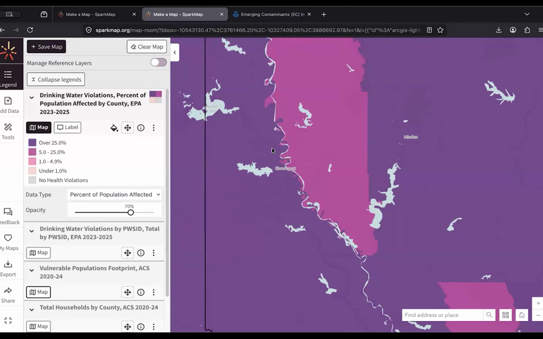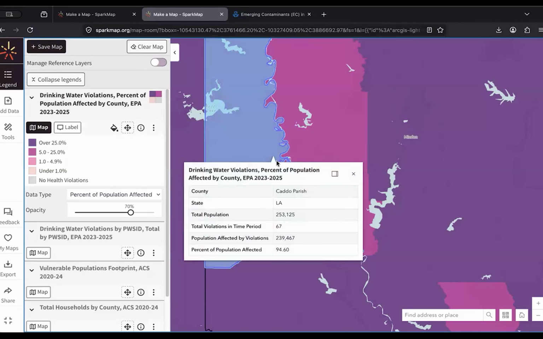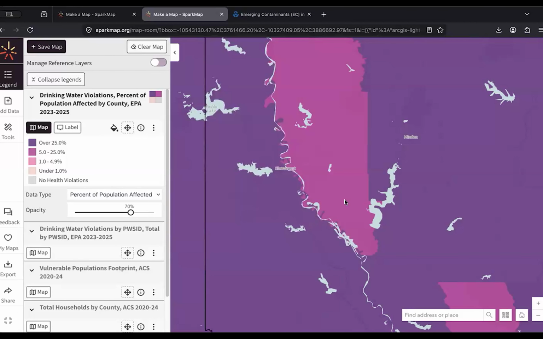And so we can see again that area around Shreveport is in the 5 to 25% range, and over 25%. So a big chunk, right, of the population is being affected here by some of these drinking water violations. So again, just more validation and reason for potentially applying for some funding or getting some funding in this area.